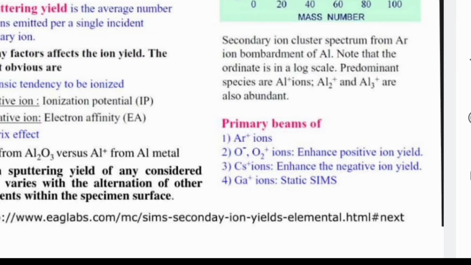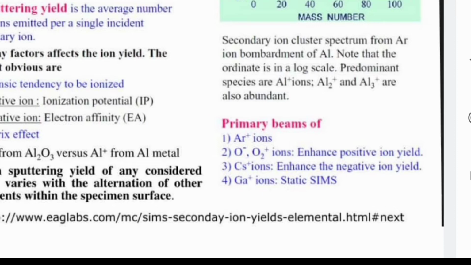The source must be able to oxidize the metal in order to get the positive ion. So for positive ions, the ionization potential, that is how easily an electron can be taken from the metal atom, decides the ease of sputtering. And for negative ions, what is more important?